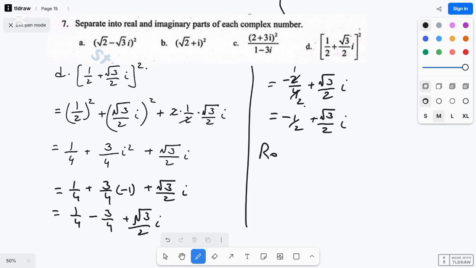The real part is minus 1 by 2 and the imaginary part is under root 3 by 2.